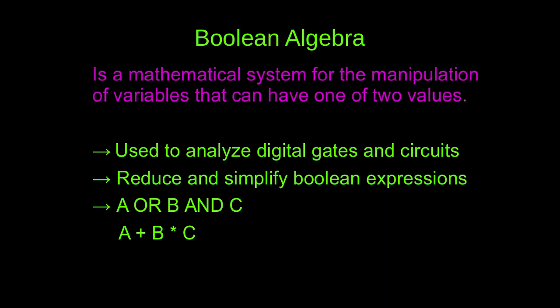An example of a Boolean equation, we can say A or B and C. Those are the OR and AND gates. A, B, C are variables. Another way we can write it is this: A, or, B, and C. And it's not addition and multiplication, it's a totally different thing.